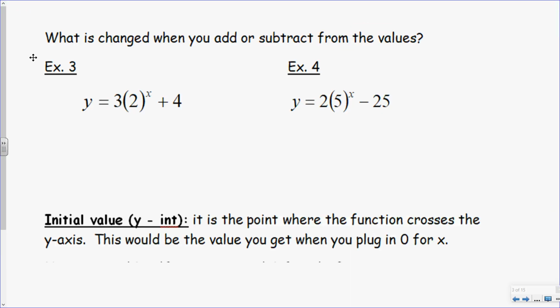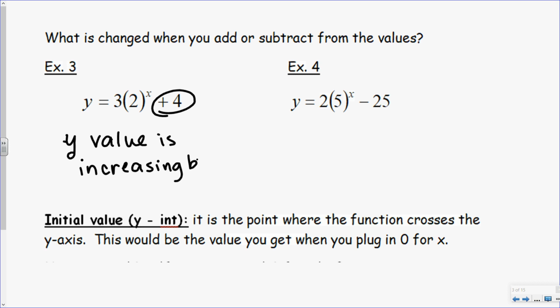All right, so what happens when we add or subtract values? So what do you think is going to happen when I add this 4? My y value is increasing by 4.